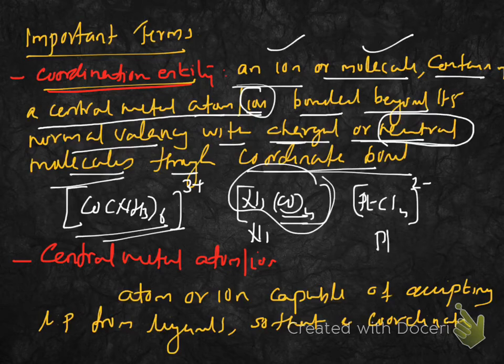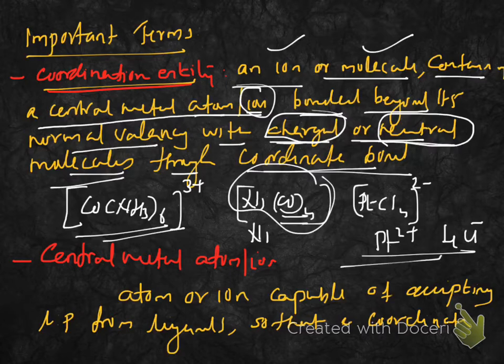Here Pt2 plus ion combines with 4 Cl minus ions, which are charged, to form the coordination entity like this. So a coordination entity is formed by the combination of an atom or metal ion with certain molecules or ions using coordinate bond.